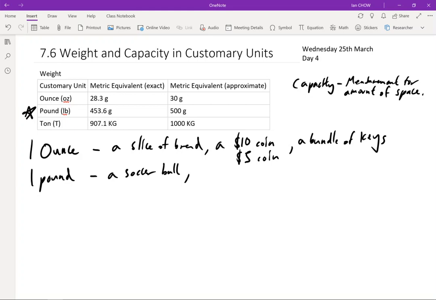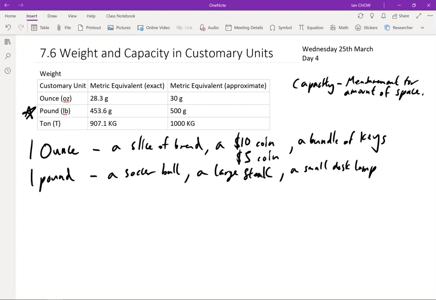Maybe a nice, large steak is 1 pound. I'm also looking at things in my room right now, maybe a small desk lamp could be 1 pound as well.